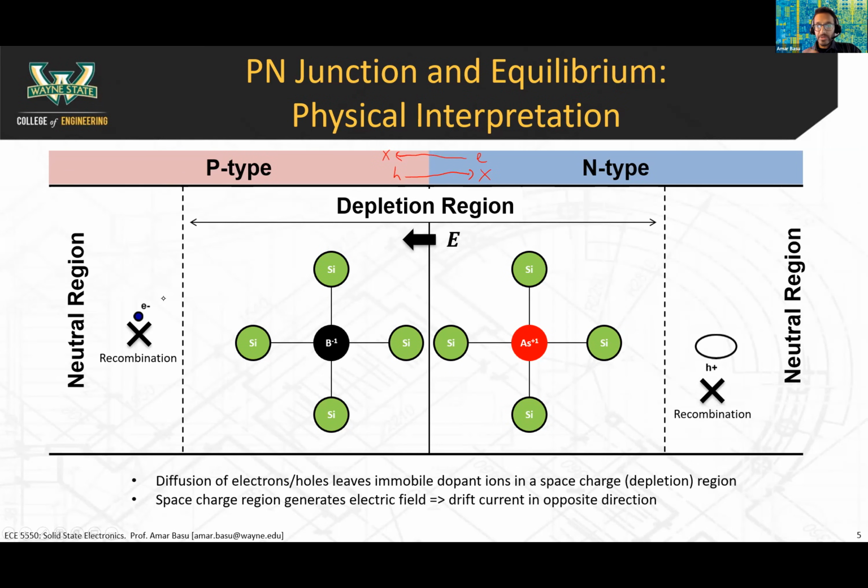The electrons and holes are free to move, but these ions are not, because they're covalently bound. So that's why we often talk about these things as immobile or static charges. Both terms are used. Immobile means it can't move. Static means it's not moving. So they're both the same definition.